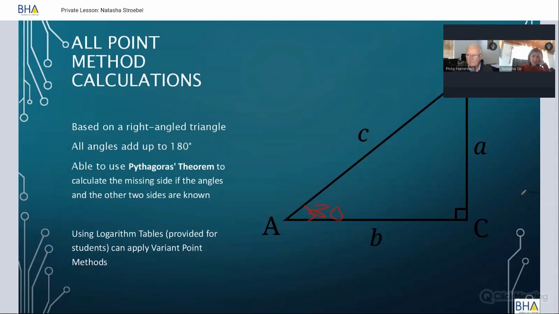This one's 30 and this one's 90. So what's that one going to be? 60. That's right, because the 3 angles together make 180 degrees. Always, for a right angle triangle. So that means there are some easy things to work out. So let's carry on.